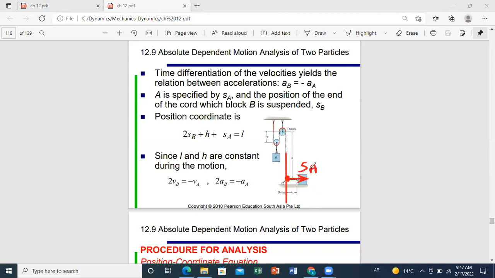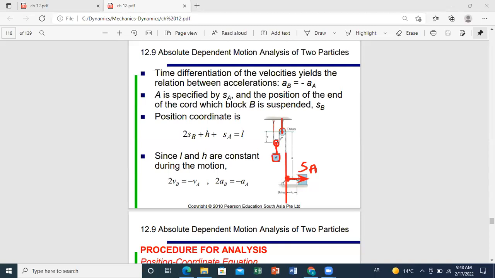Now, since A is moving in the negative direction, I expect that VA will be negative. Now, what are the other coordinates I need? For a pulley, to know if a pulley is doing translation or not, you look at its center. This pulley center is attached to the ceiling level, so it's not moving. However, for this pulley here, the center of this pulley is attached to block B. So this means the center of the pulley and the block B will translate together.